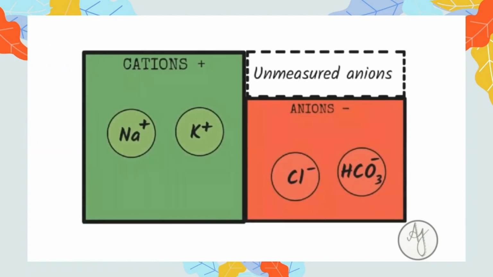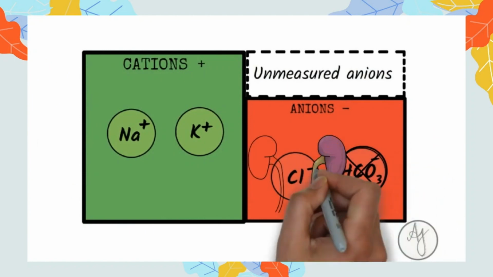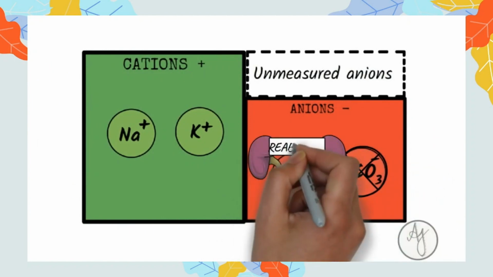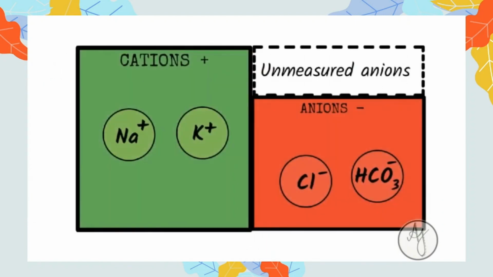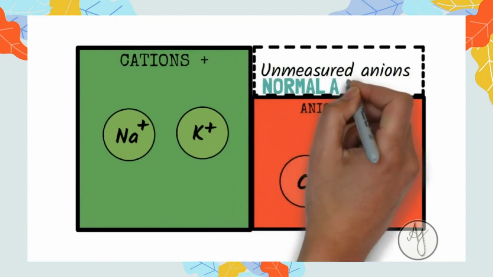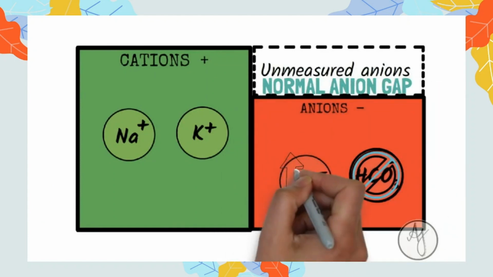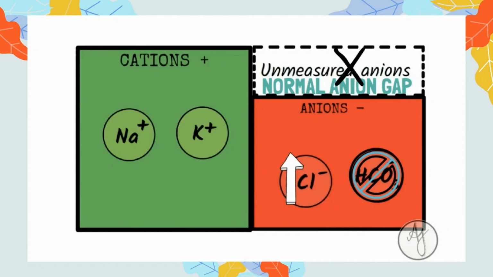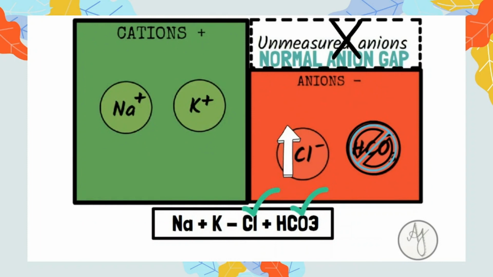In these cases, the kidney compensates by reabsorbing an increased amount of chloride. So this is a normal anion gap acidosis because the loss of bicarbonate is compensated by chloride and not by some other unmeasured anion. Both bicarbonate and chloride are accounted for in our anion gap equation.